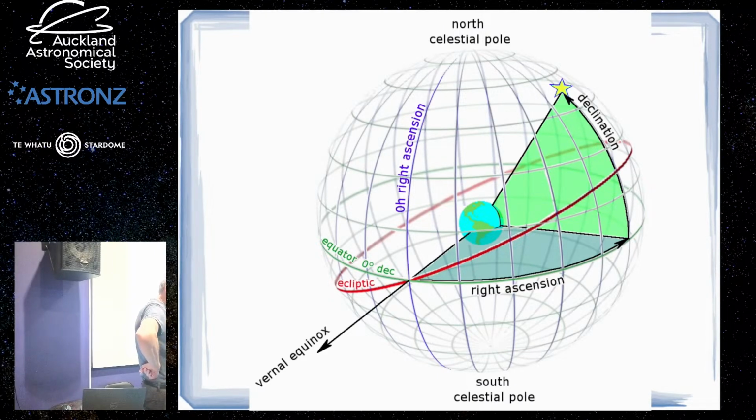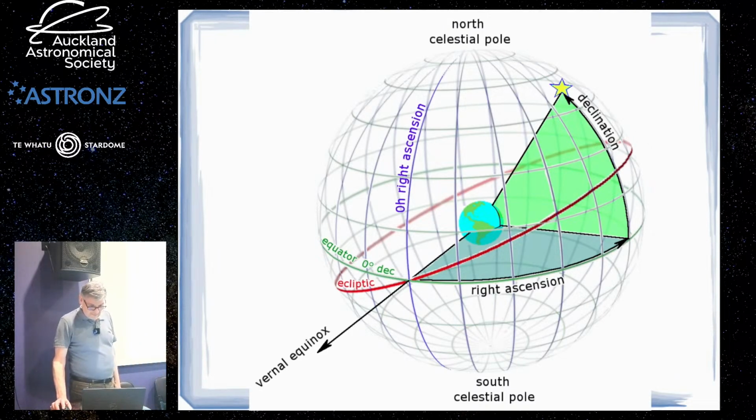So if you have a look at stars rising and you time them rising each night, you'll see that they rise 3 minutes and 56 seconds earlier each night. And that's caused by the motion of the Earth around the sun. So once you've completed a full year, if you multiply out that 3 minutes 56 seconds by 365 and a quarter days, you get back to where you started.